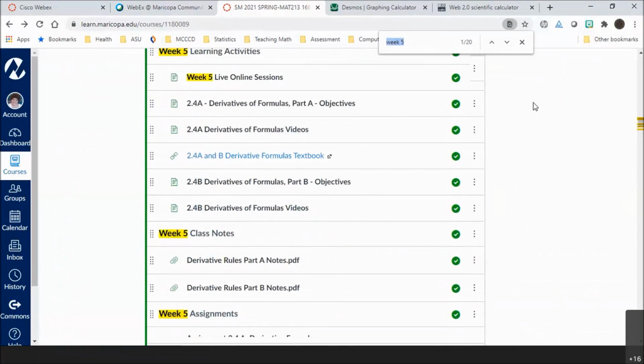I just want to show you, I'm going to be using derivative rules part B notes. It's in week 5, and again, it's part B notes. I'm going to open up the chat in case anybody's got questions, but I'll begin by sharing those notes with you. And again, this takes me a minute, sorry.